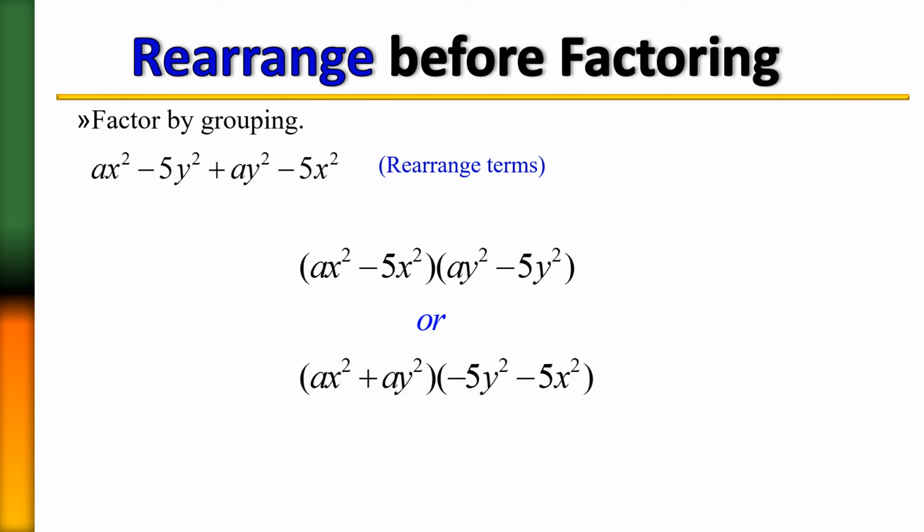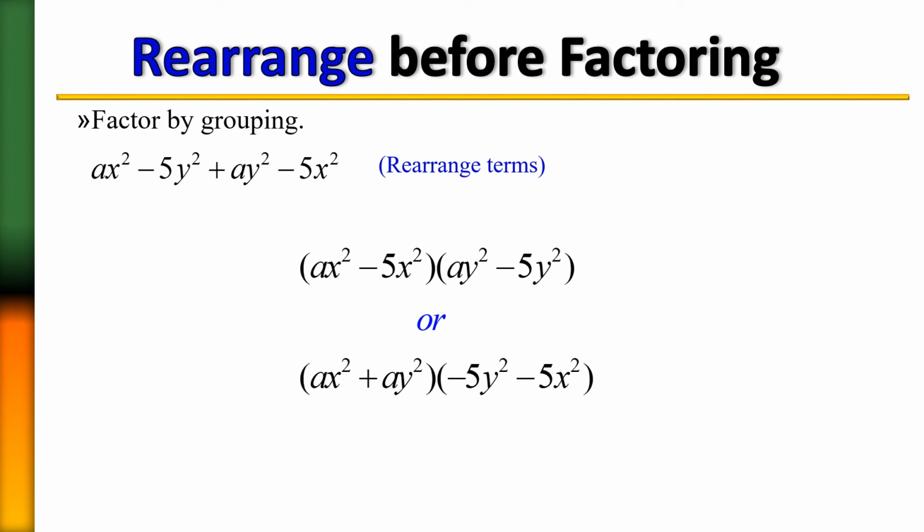It does not matter, but you must rearrange them so that they have something in common with the term they're paired with. So I want you to pause the video, see if you can go ahead and finish the factoring process. Recall you look at the first group, take the GCF out, then write what's left in parentheses.